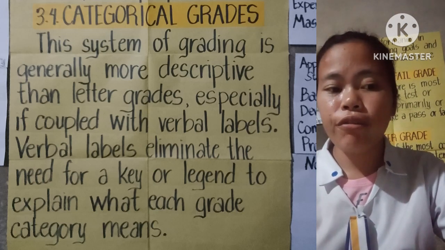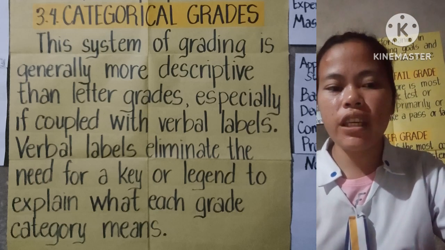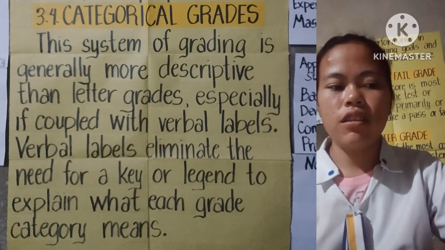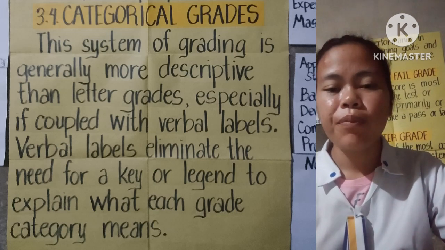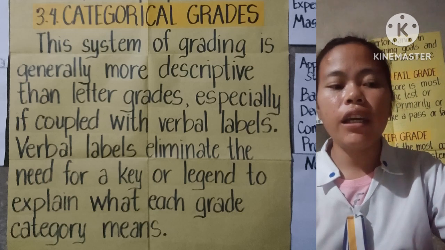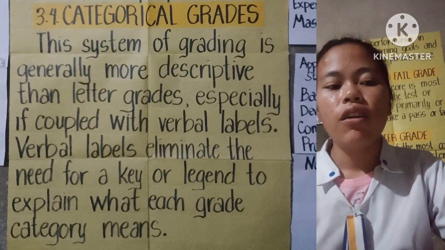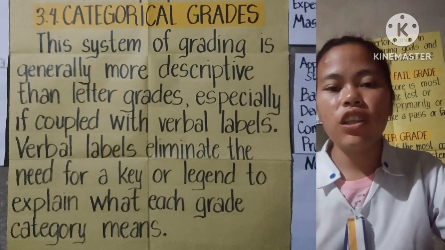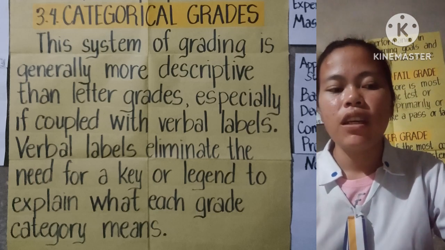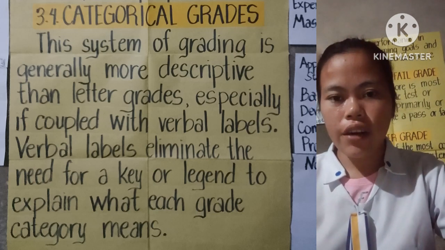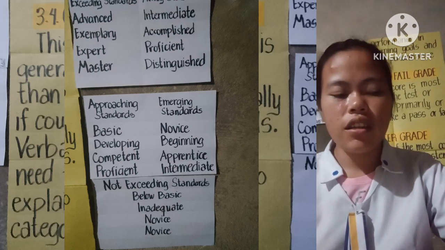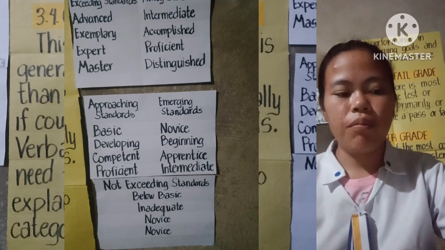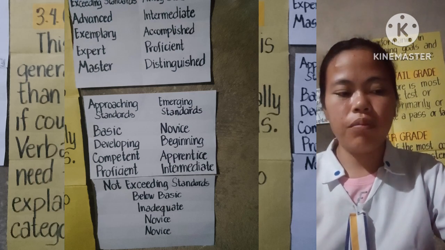This system of grading is generally more descriptive than letter grades, especially if coupled with verbal levels. Verbal levels eliminate the need for a key or legend to explain what each grade category means. Examples of categorical grades are exceeding standards, advanced, exemplary, expert, and master.